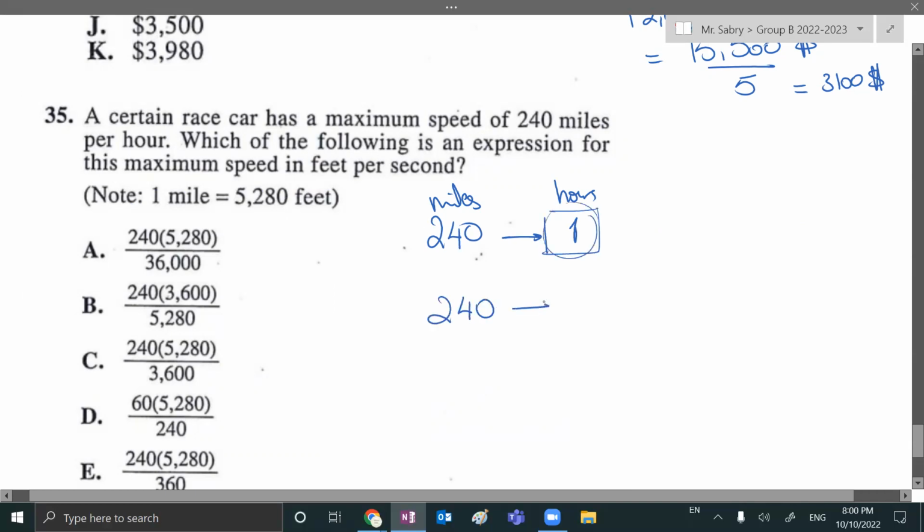Apparently the 240 miles will be done in 60, not 60 actually, because the 1 hour has 60. So I'll multiply this by 60, and then each minute has another 60. So I'll multiply again by 60. So the 1 is supposed to be multiplied by 3,600.